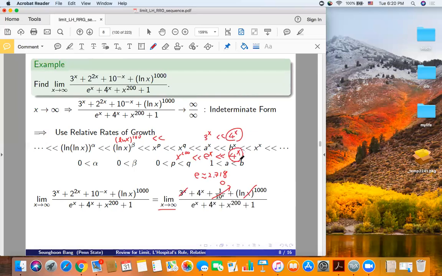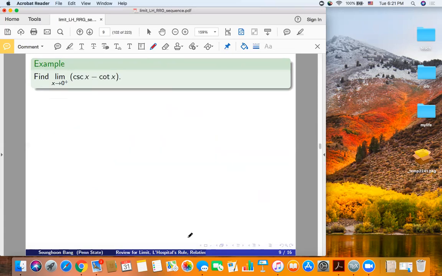The 4 to the x is the fastest one, so you ignore the slow ones. You can choose 4 to the x over 4 to the x, so the answer is 1. This is the whole idea for solving this problem.